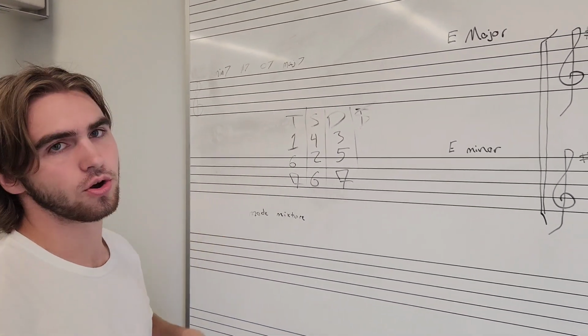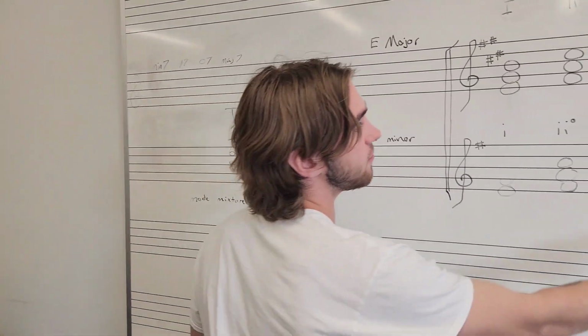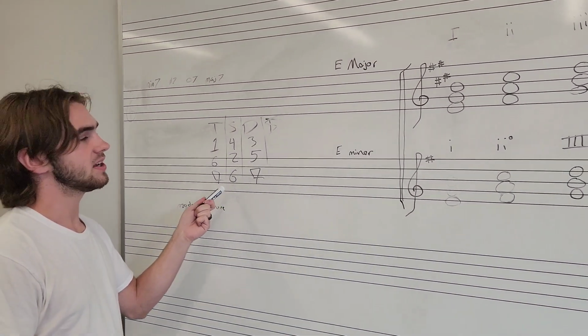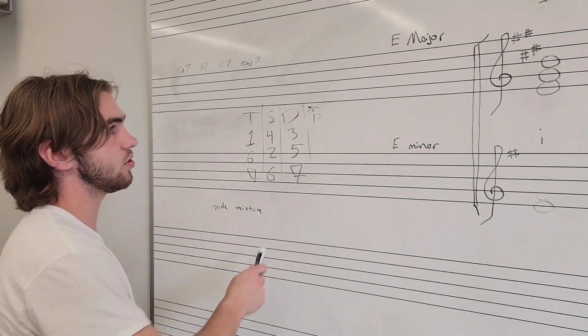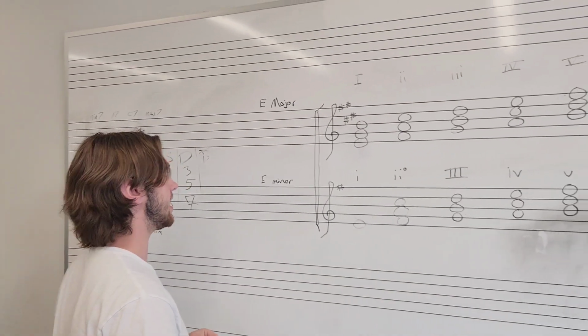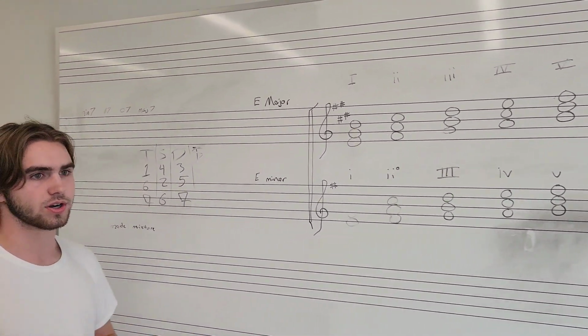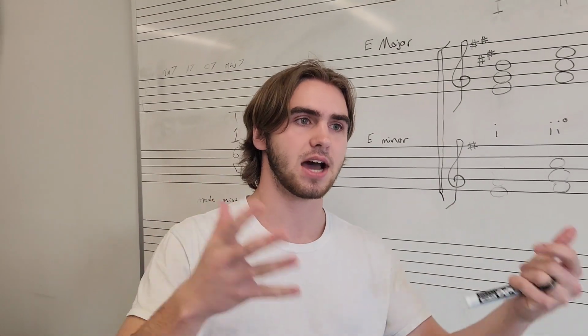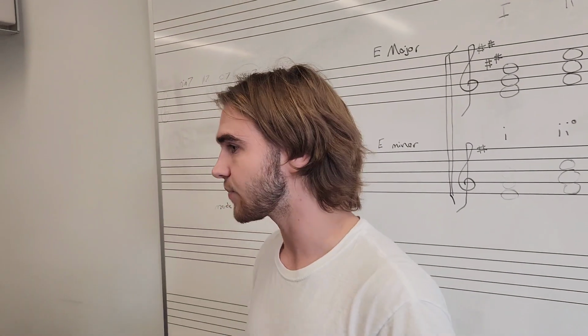These still work tonally the same. So if I'm going to play the 4 minor instead of the 4 major, it is still a subdominant chord. So then I can still go to, say, the 5 major, which would be A in the key of E, and it would still work the same way tonally with it being a tonic, subdominant, or a dominant chord.